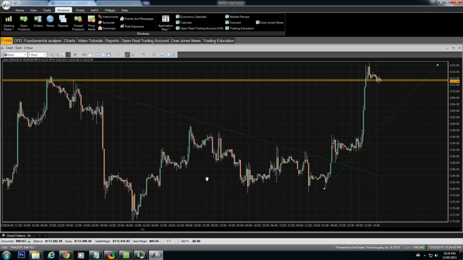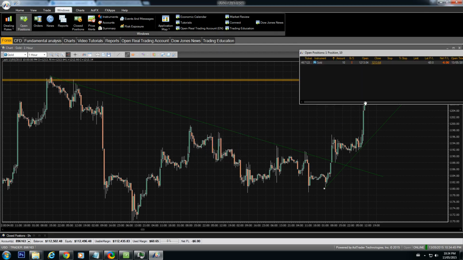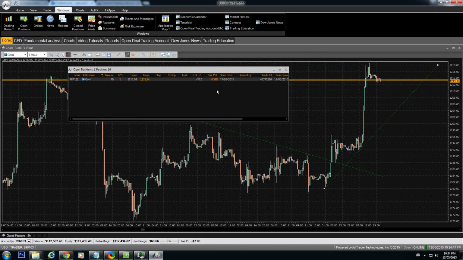Now I'm in a position. There's my open position. I'm minus $7, minus 70. So that's a buck a pip. So every 10 is a buck a pip. Okay? So we do $500 trades. We do $5 a pip.